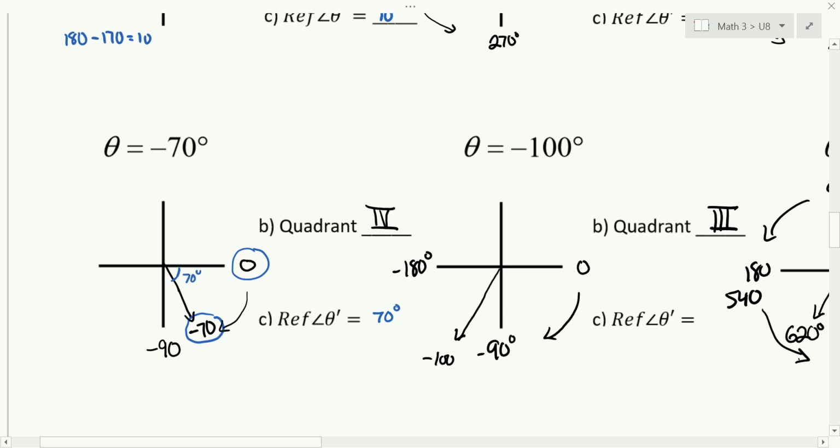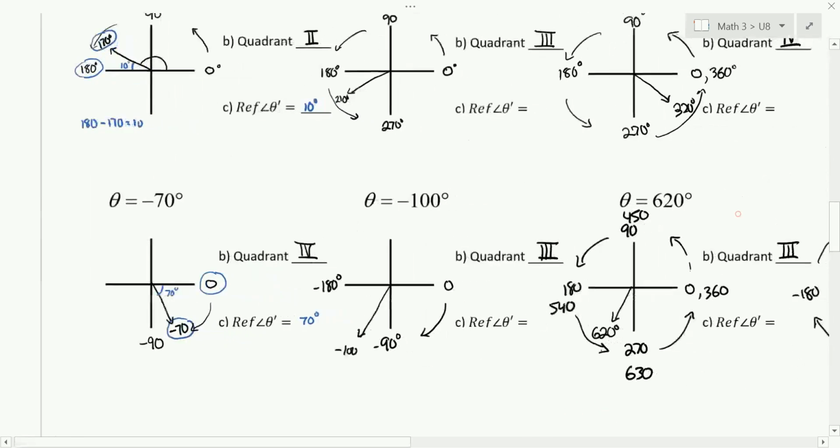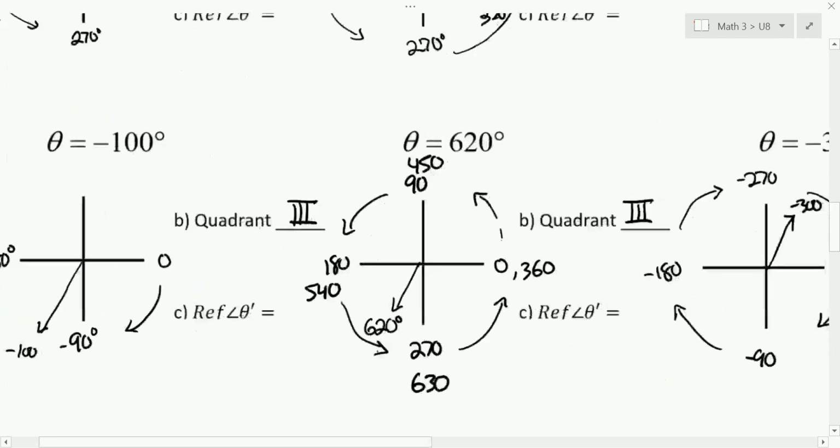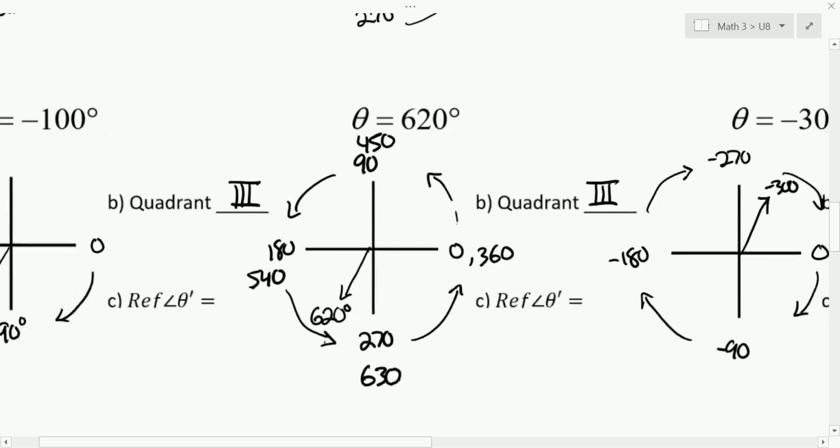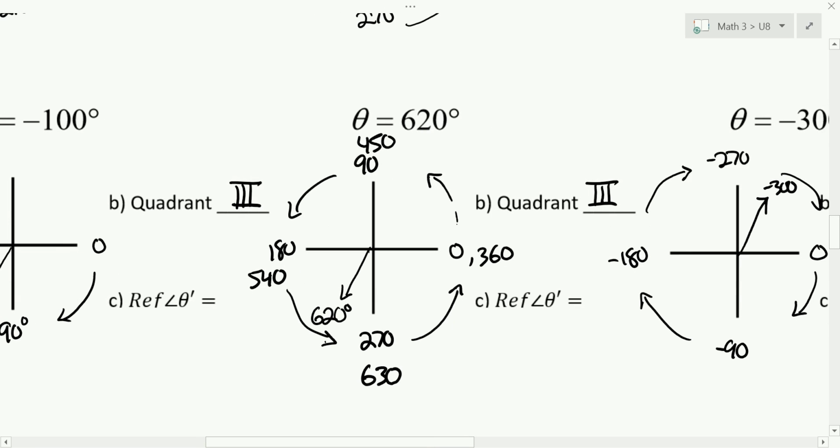How about this one right here, 620? The reference angle has to be acute, so it has to be smaller than 90. What would the reference angle be here? So you've got your 620 as the terminal side, and what number would I pick on the x-axis?